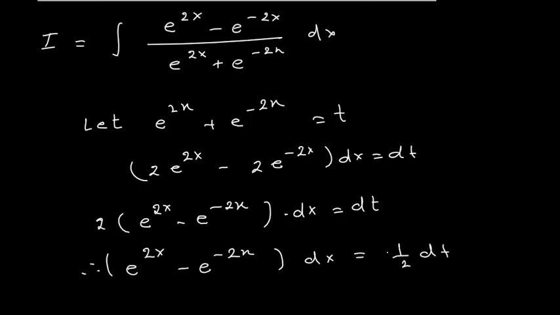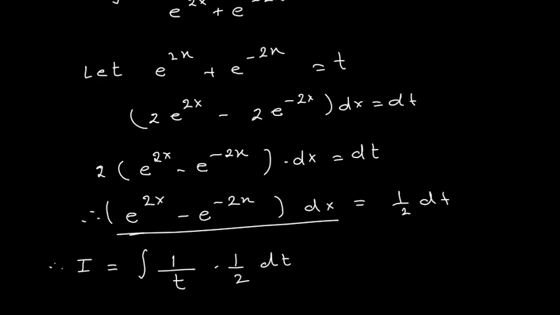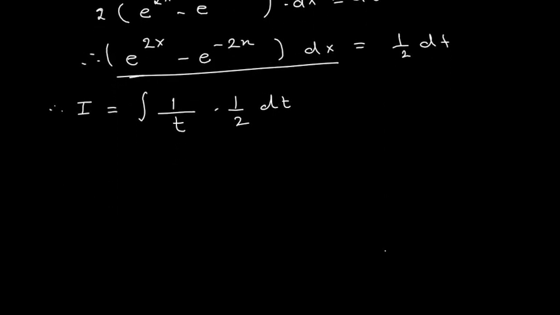So therefore I is equal to the integration of, now e power 2x minus e power minus 2x dx, this whole part will become 1 upon 2 dt. So this is 1 upon t into 1 upon 2 dt. Let us take 1 upon 2 common.